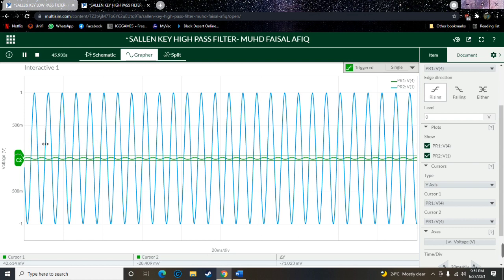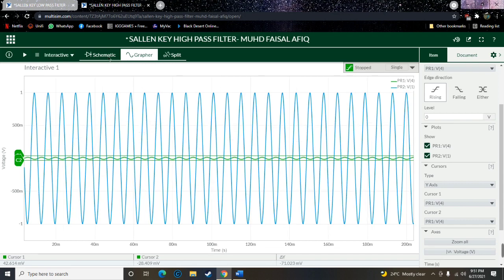As you can see, the output voltage is very small when the frequency is lower than the cut-off frequency. So it is inverted compared with the low pass filter. In the low pass filter, when the frequency is lower than the cut-off frequency, the voltage out is similar to the voltage in, and we get a stable voltage gain. In the high pass filter, at a frequency lower than cut-off, the output becomes small, which means the voltage gain is less than 1.